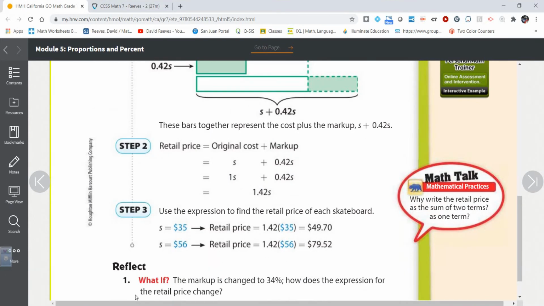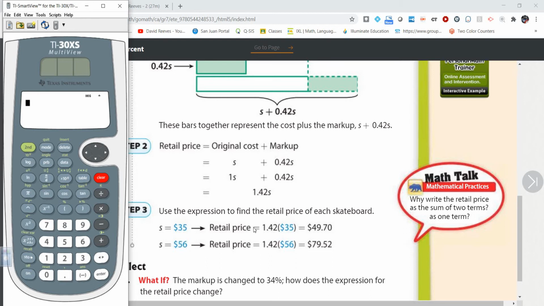And then what they did is they said, let's go ahead and put in an actual price. Let's say the skateboard was $35. And remember, that number in front of the variable is called a coefficient, and a number in front of a variable means to multiply. So we're going to take 142% or 1.42, and we're going to multiply it by 35. And what do we get? We get 49.7 in our calculator, but remember, that's $49.70.